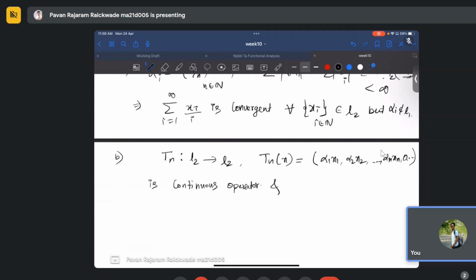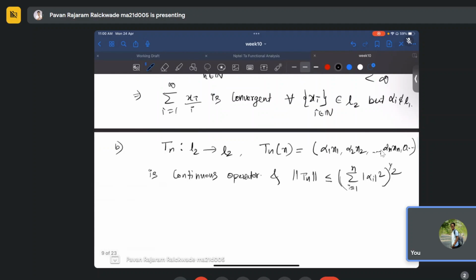And one can check that the norm of Tn is basically less than or equal to the summation of the modulus of alpha i squared raised to 1 by 2, i going from 1 to n. Yeah, you can check that easily. That follows from Cauchy-Schwarz, because of the finitely many terms, this is again in L2, so just the product of two elements.